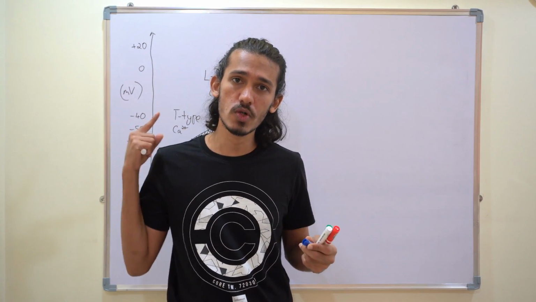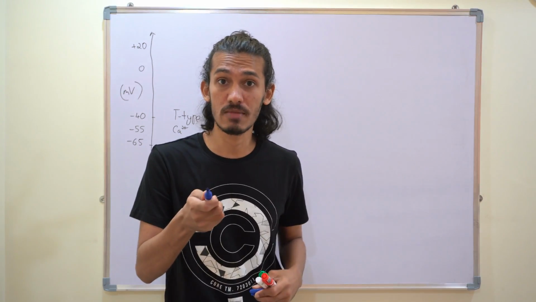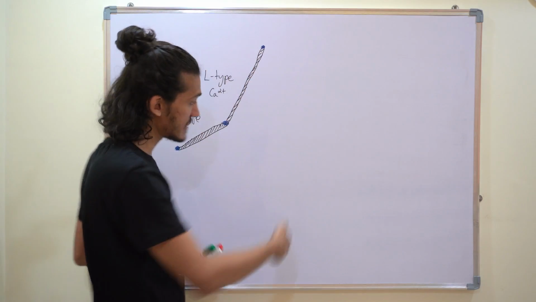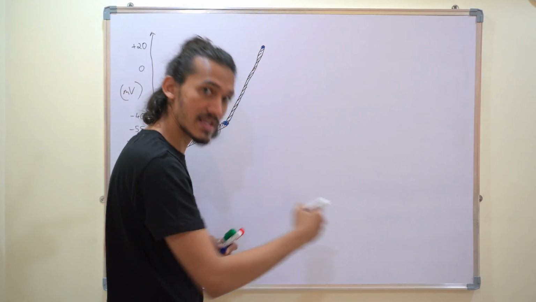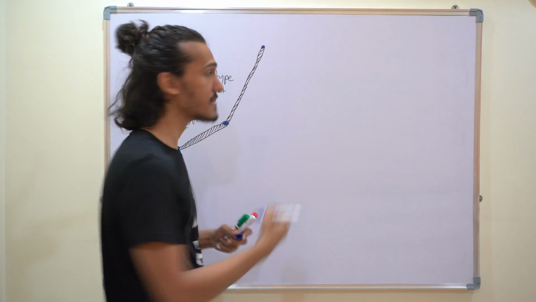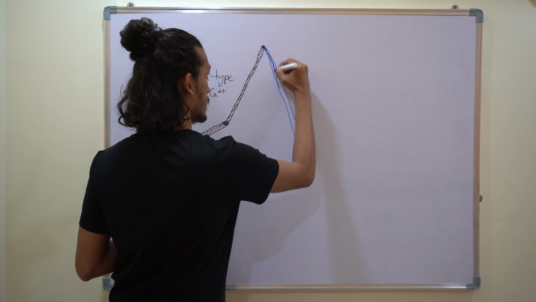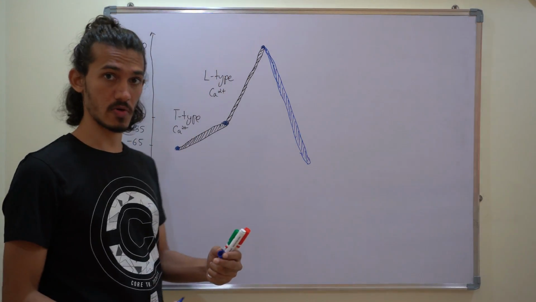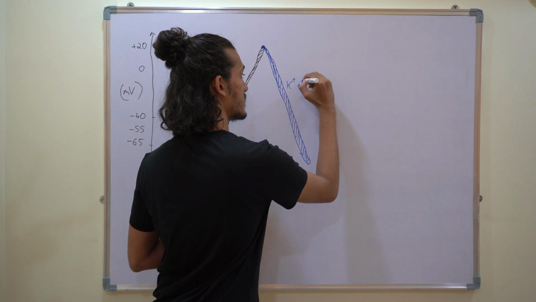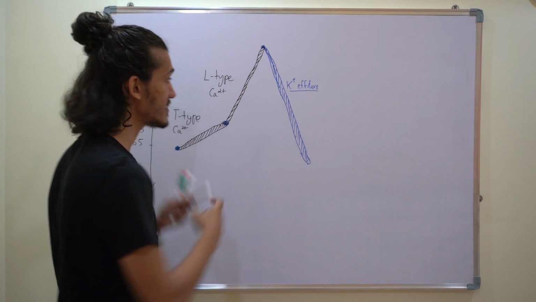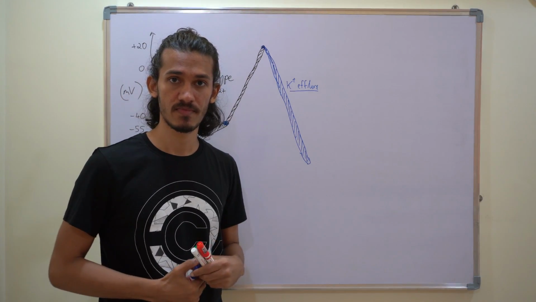So its equilibrium potential is minus 90 millivolt, and it is going to try to move towards minus 90 millivolt. Okay, so there is a potassium efflux and it is going towards more negativity, right?